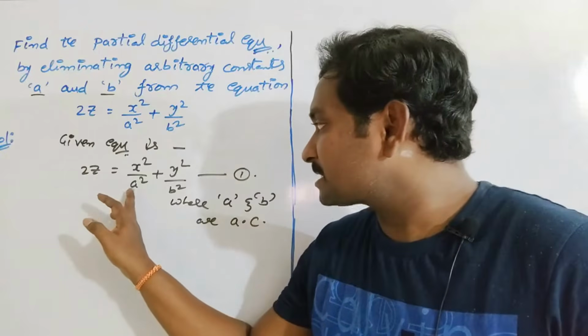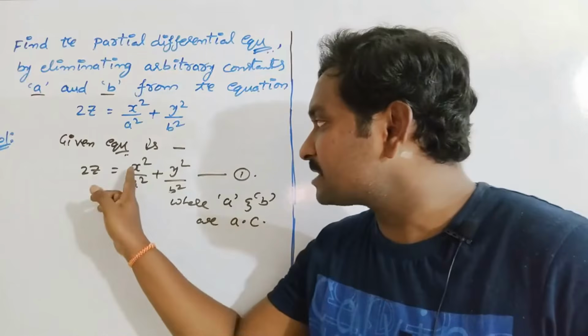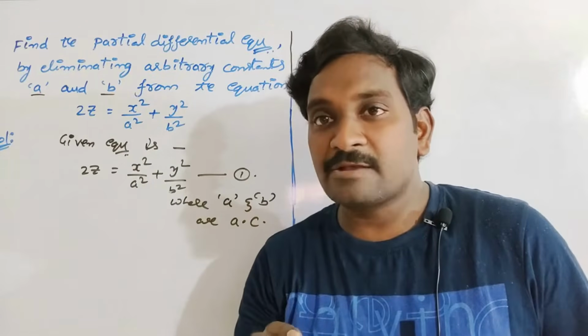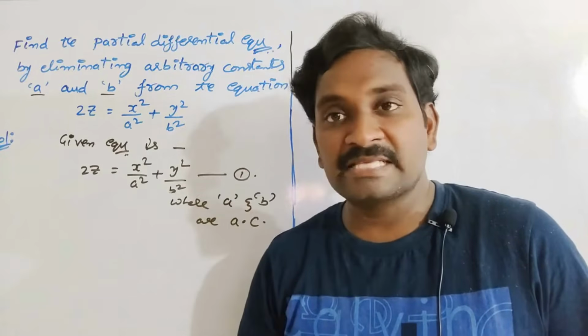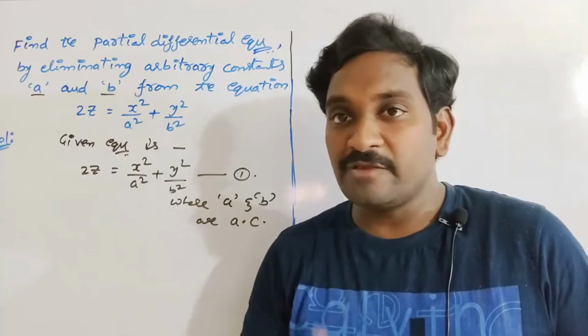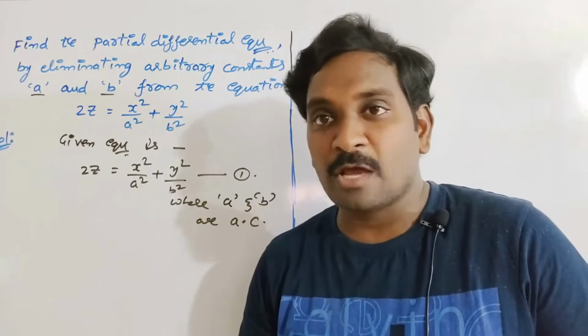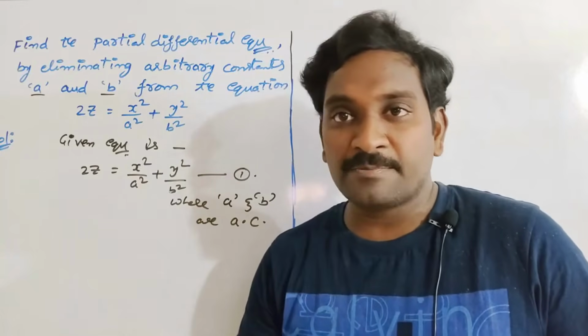The parameters are a and b, so there are two parameters, and the independent variables are x and y. So the number of parameters is equal to the number of independent variables. In such cases, we have to use only first order partial derivatives, nothing but small p and small q. What is small p and small q? ∂z/∂x and ∂z/∂y.